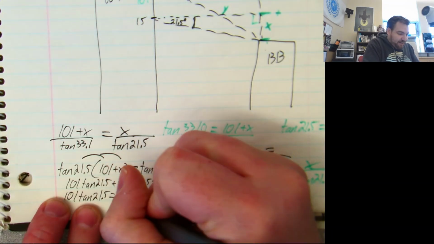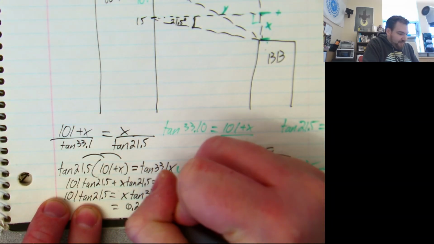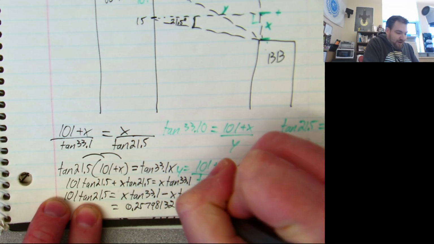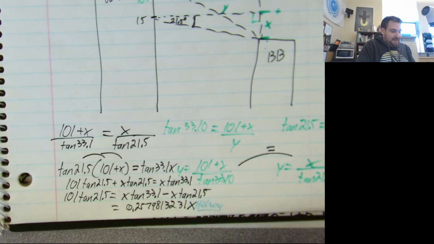So you're going to get 0.25798132231x is going to equal 101 tan 21.5. And then I just divide both sides by this value. So you're going to get 101 tan 21.5 divided by that number.